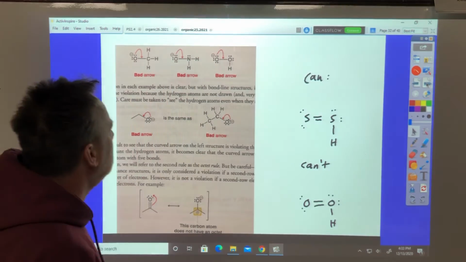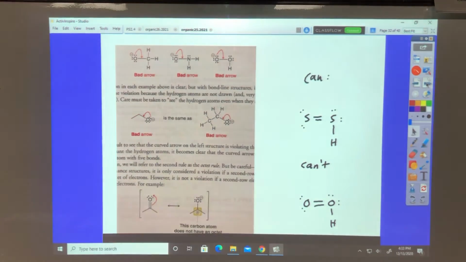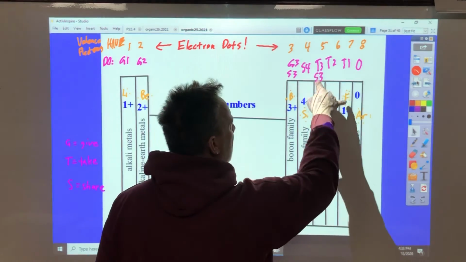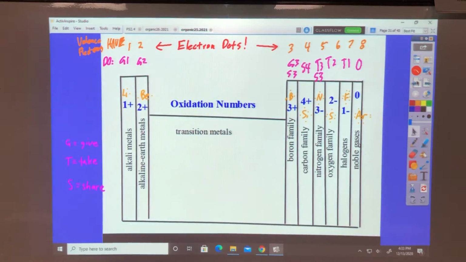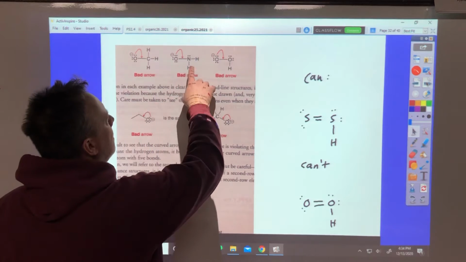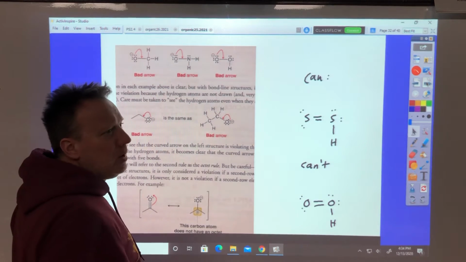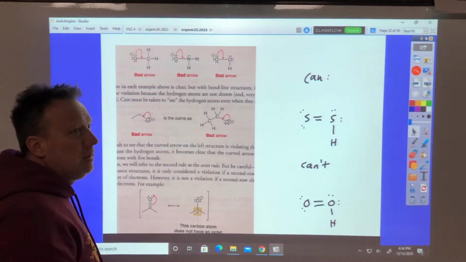You're limited to 4. With nitrogen, which has 5 valence electrons, it can take a maximum of 8. It can't have an expanded octet because it's in the second row. With shared electrons, I have 2, 4, 6, 8.